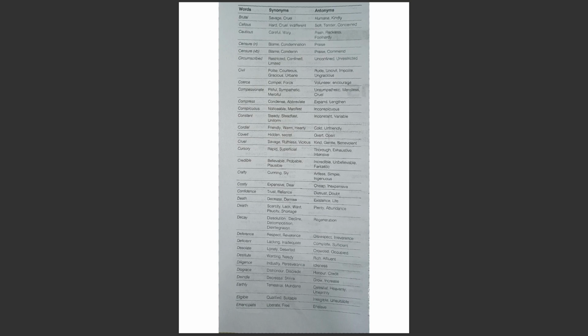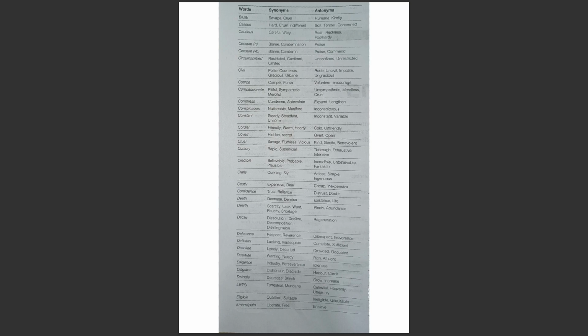And the antonym would be kind, gentle, benevolent. अब kind और benevolent, both of them mean the same thing, right? इन्होंने एक ही वर्ड को एक्सप्लेन करने के लिए उसके दो सिनोनिम्स लिख दिए. So kind and benevolent are the same thing. Someone who is extremely kind, humane, gentle is the antonym of cruel, brutal. All these are antonyms.